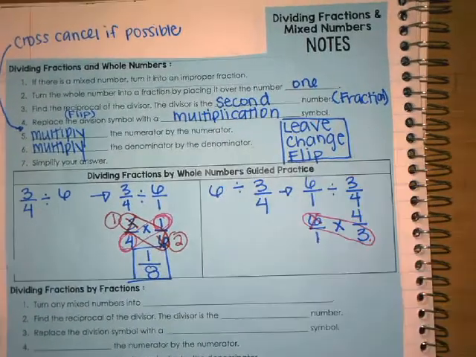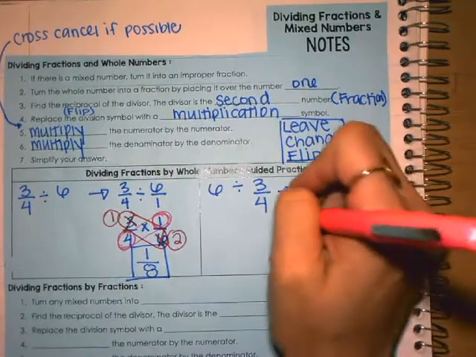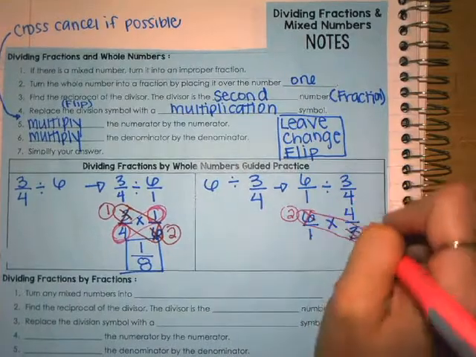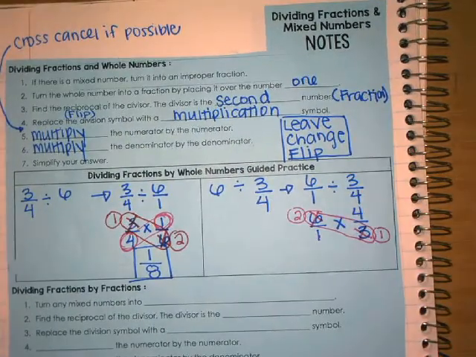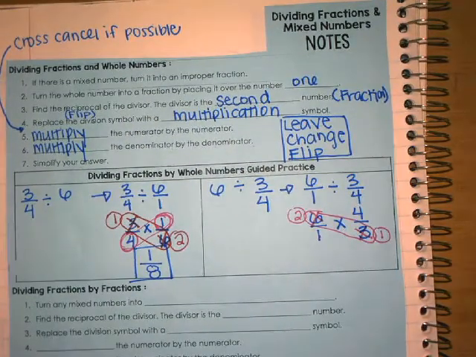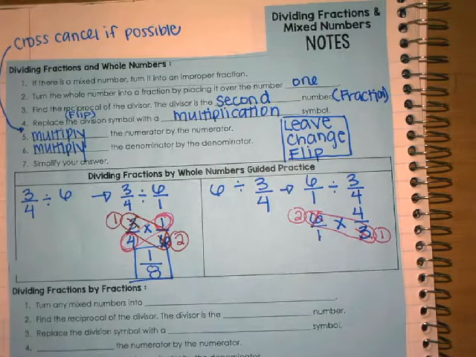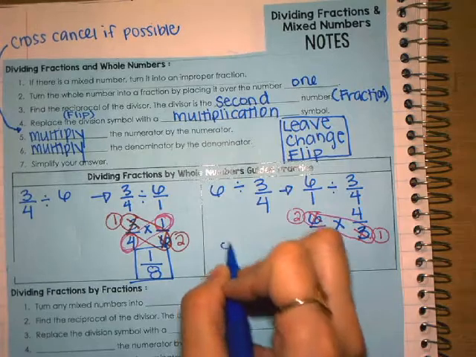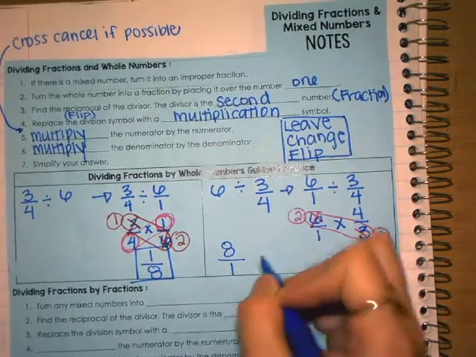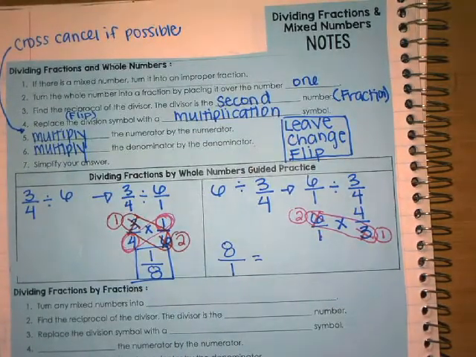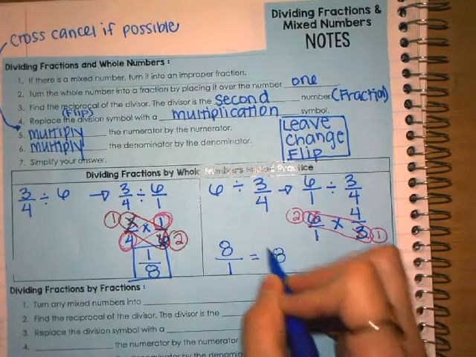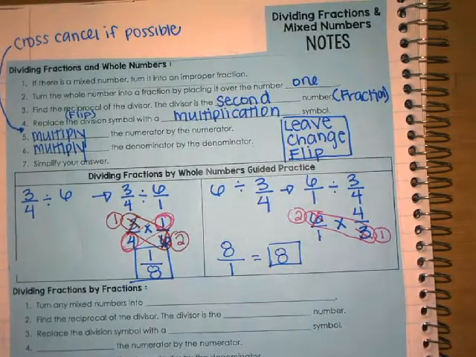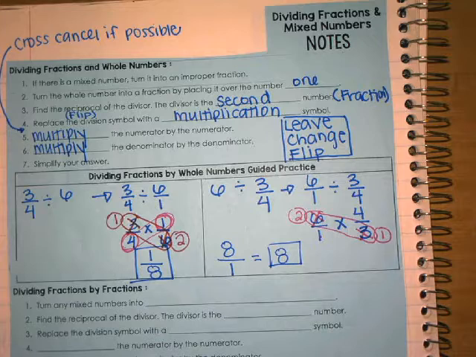So 6 becomes 2, and 3 becomes 1. Now what? Multiply. 2 times 4 is 8, 1 times 1 is 1, and 8 over 1 is just 8. Questions?